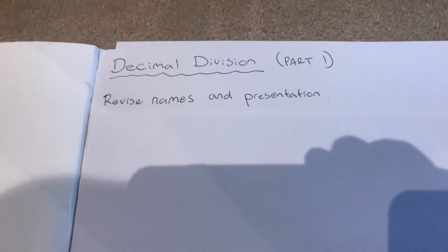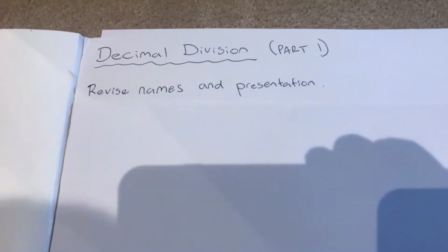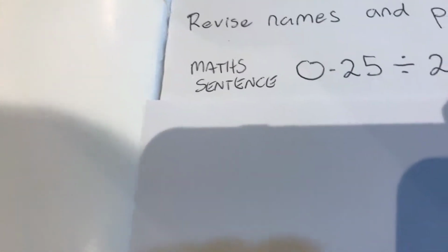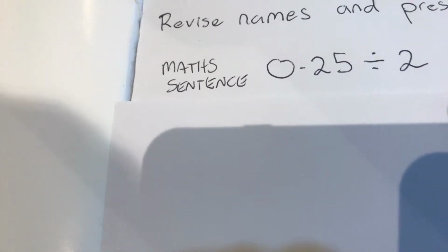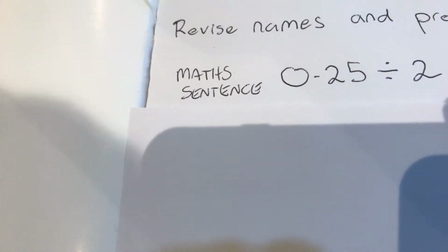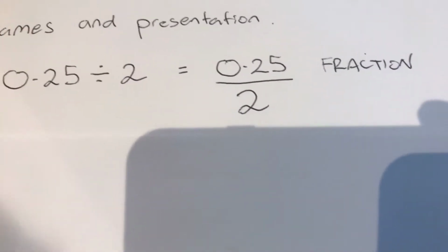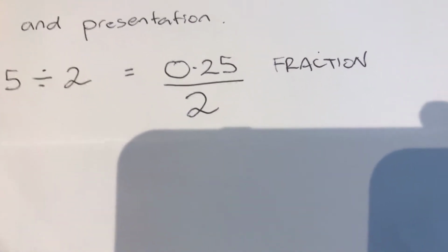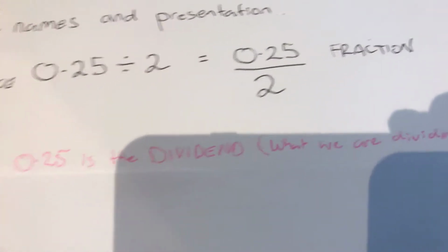First of all we need to revise names and look at the presentation of division because we can see it in a few different ways. When we have a math sentence we might have 0.25 divided by 2. We can show that as a fraction, with a numerator and a denominator, so that's the same thing.